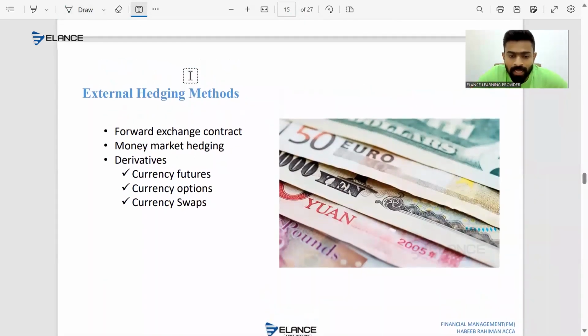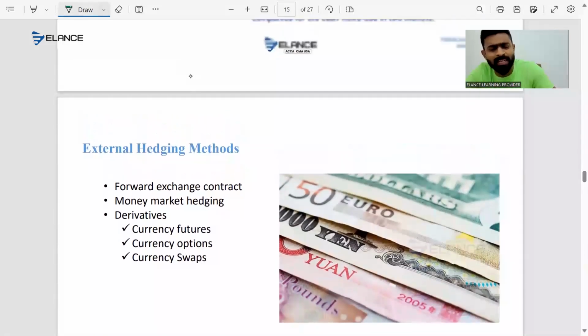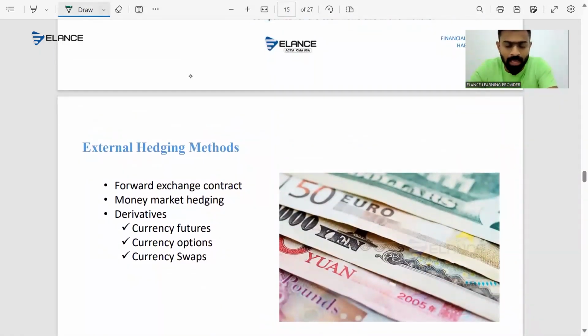As I said, there are two. External hedging means we are entering into a contract to make certainty. Assume I'm just making a simple cricket example, which most tutors use. Assume we had already an agreement or a contract with one of our friends.